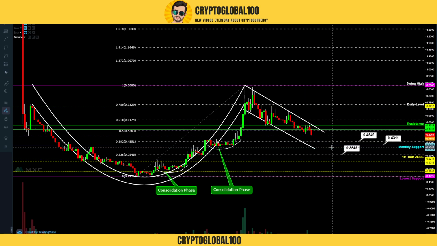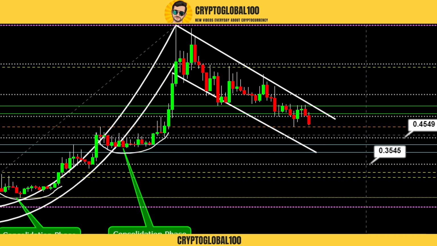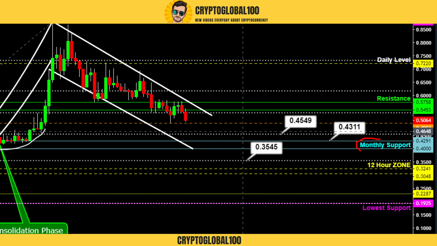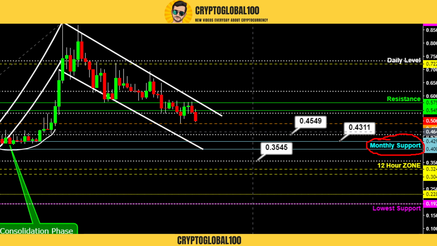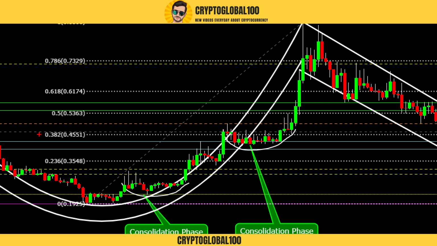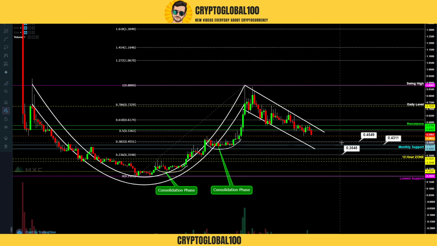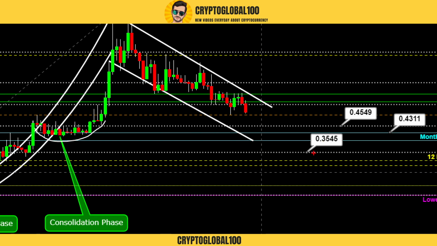Right now, what I am expecting is, this one is the monthly support, and these are the Fibonacci levels, just keep them in mind as well. These are the price ranges where I expect the price could go down.